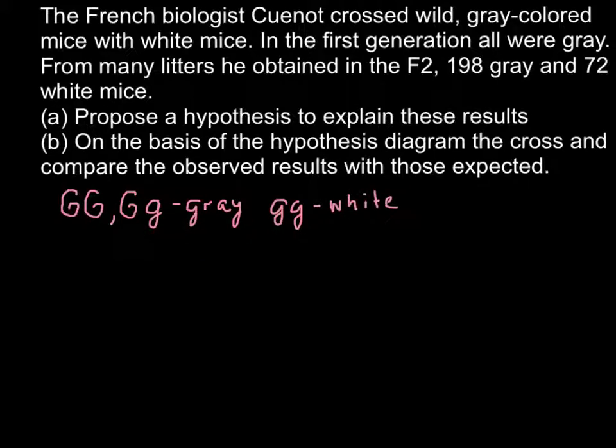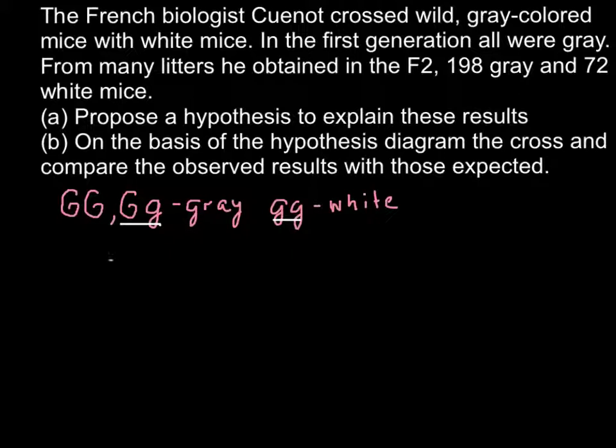And let's think about different possibilities for how we can cross gray mice with white mice. For example, this can be this genotype that we cross with this genotype. So let's take a look at what kind of progeny we can get from such a cross.